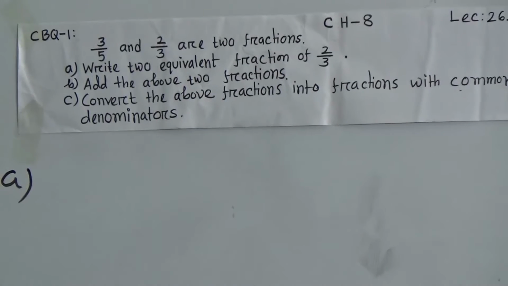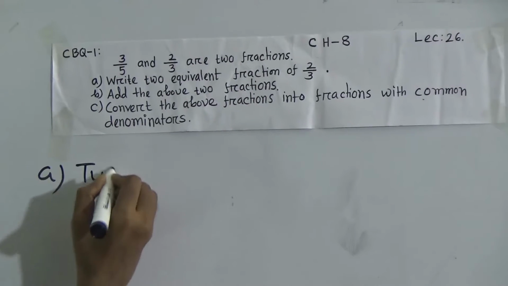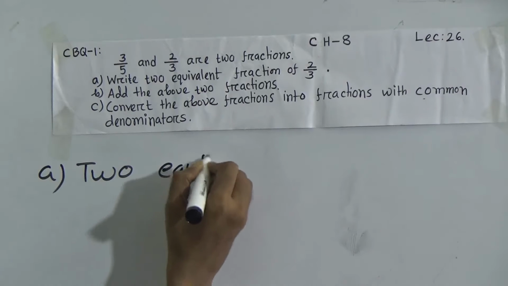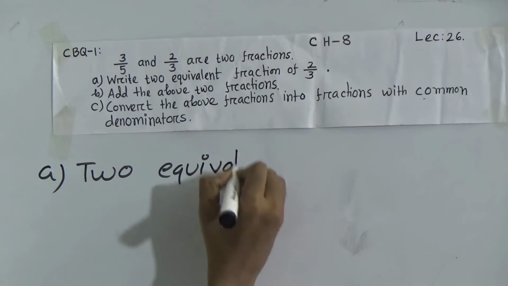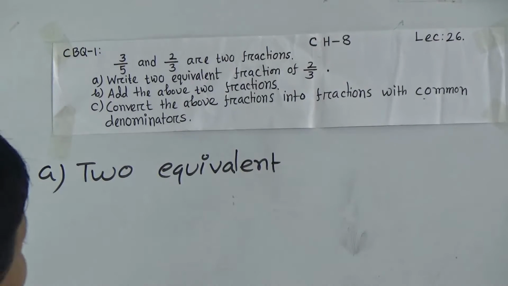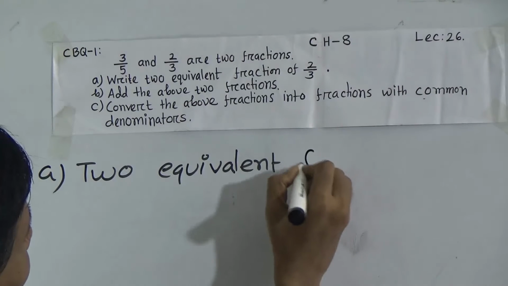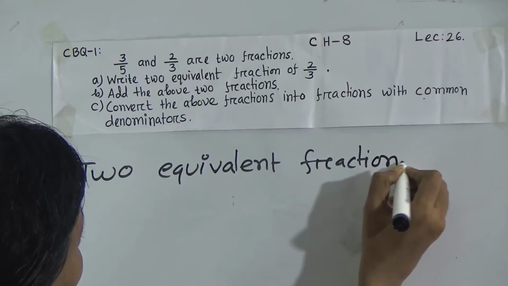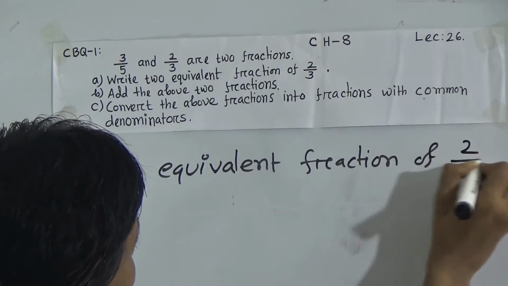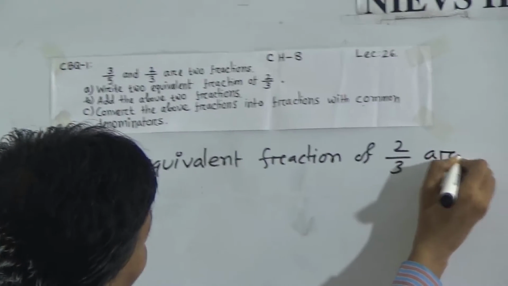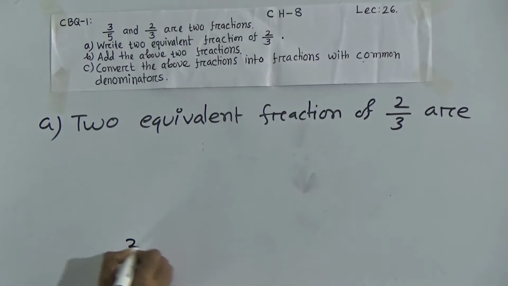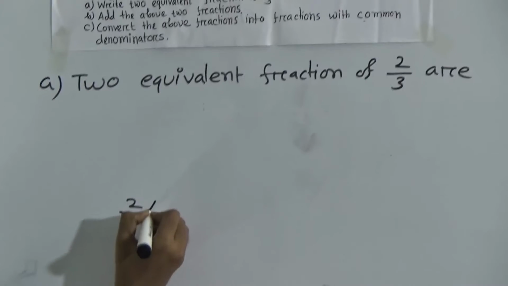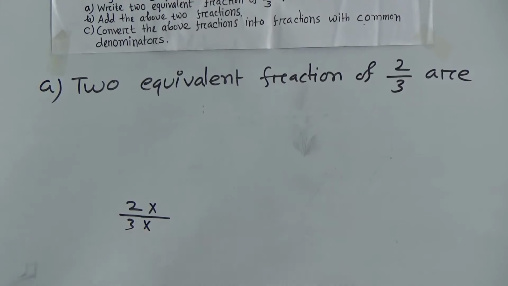Write two equivalent fractions of 2 by 3. Suppose 2 by 3, then you multiply both numerator and denominator by 2, at first 2, then you get 4 by 6.